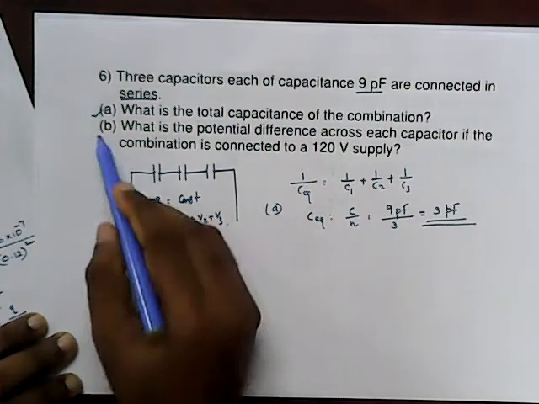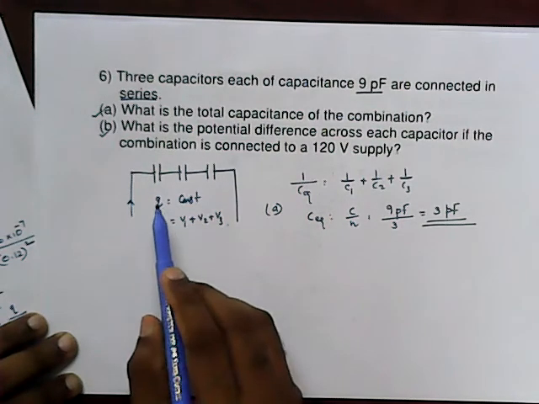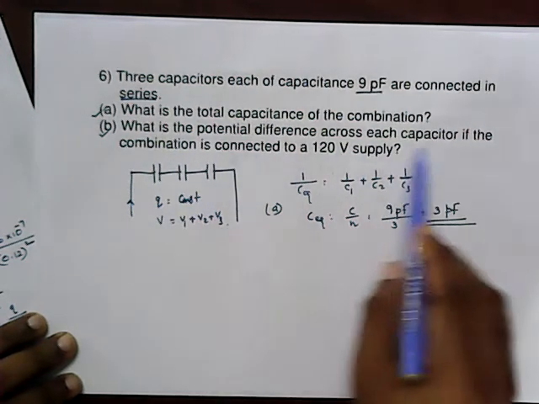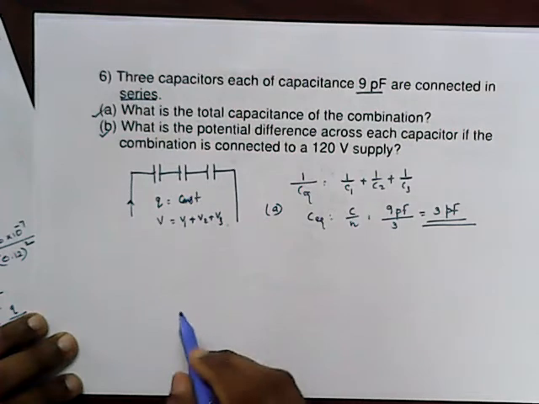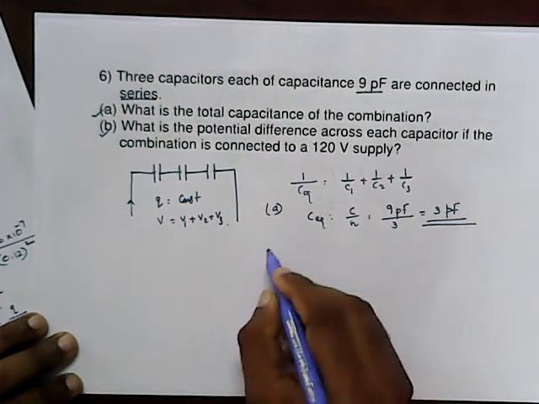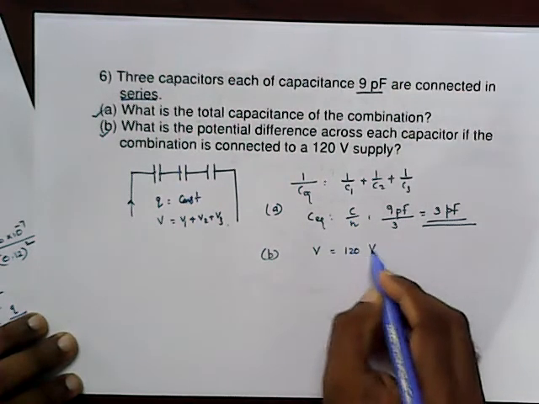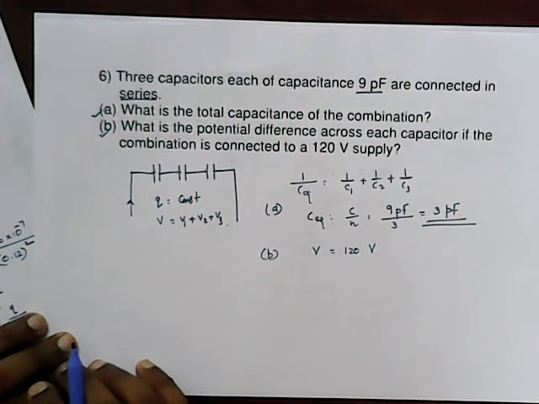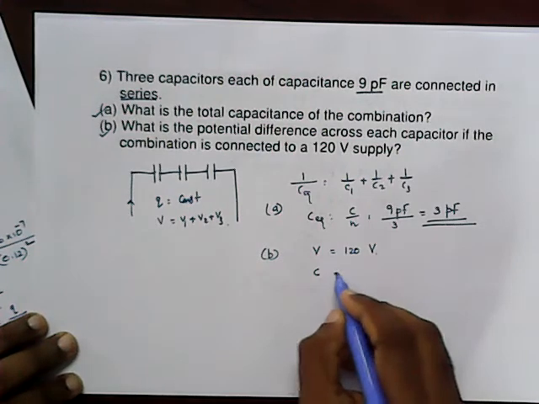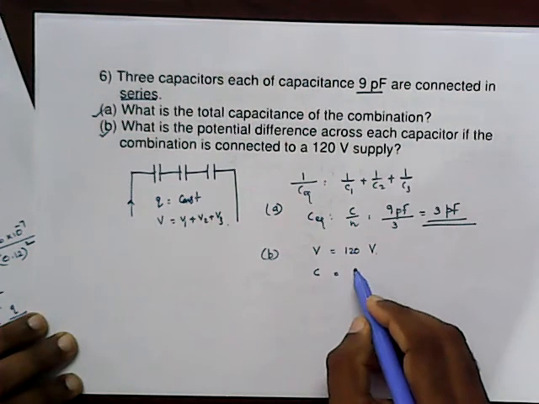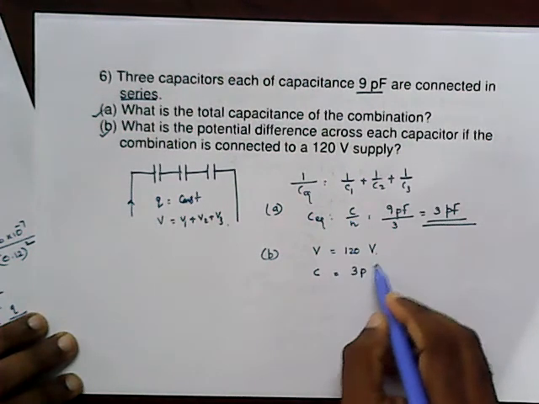And the second question is, what is the potential difference across each capacitor? Here the potential applied is equal to 120 volt. The effective capacitance is just 3 pF.